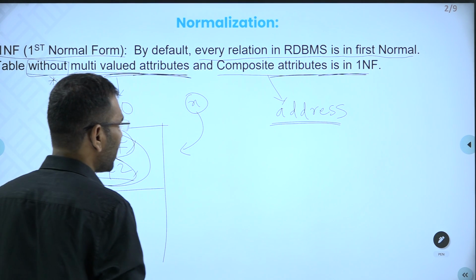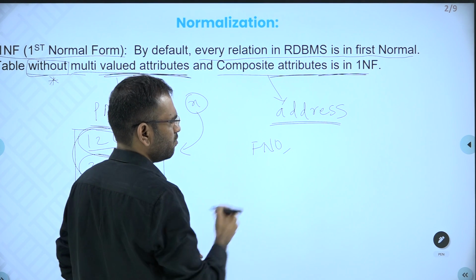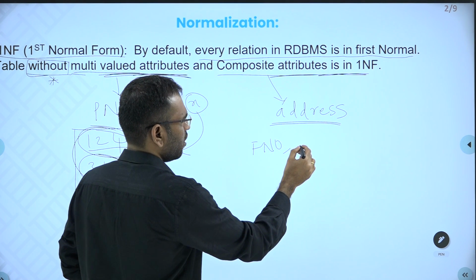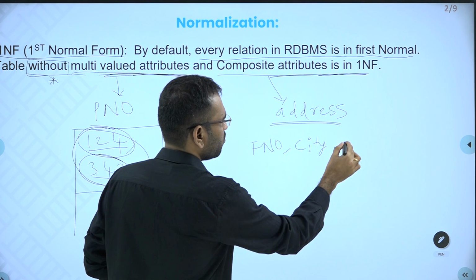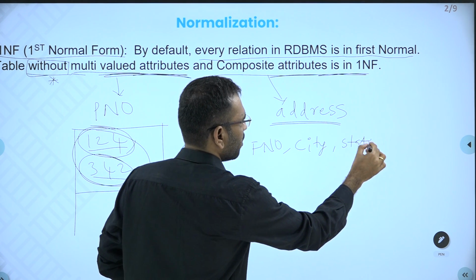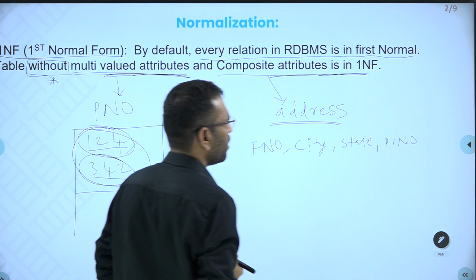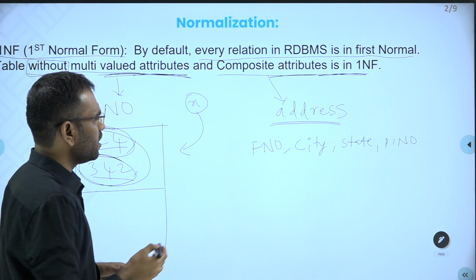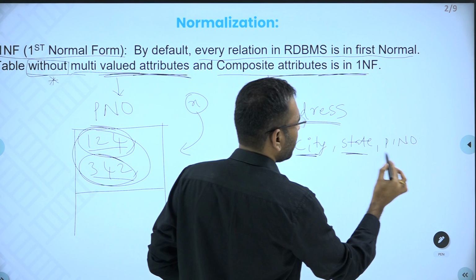Address is nothing but what are we having? Flat number as well as city, for suppose state, and pin number we are having in the address. In this address, how many fields are we having? 1, 2, 3, 4.